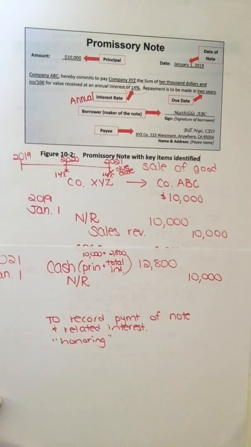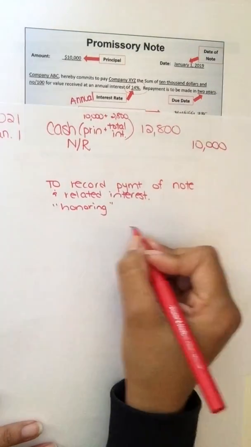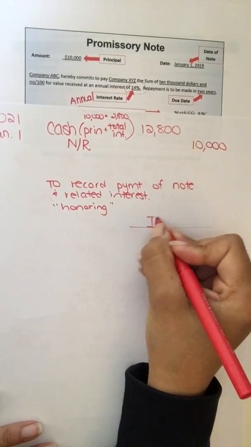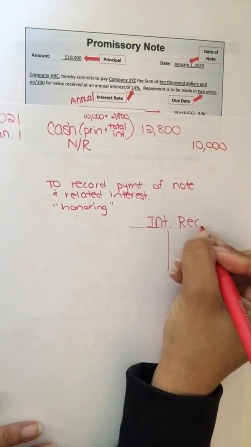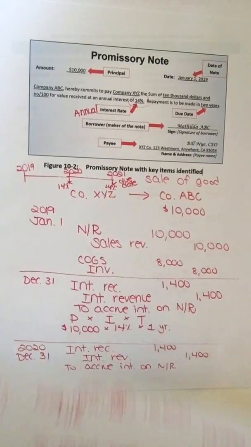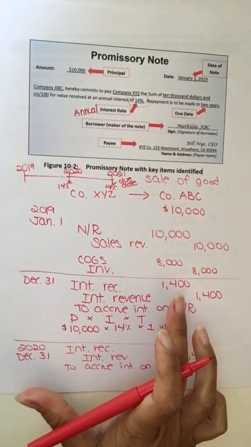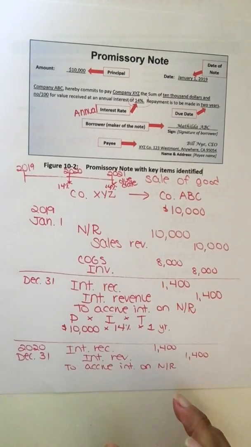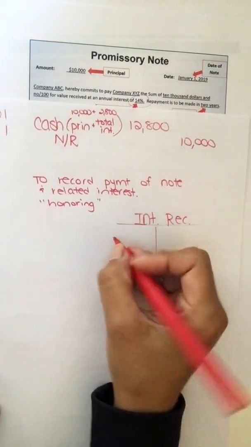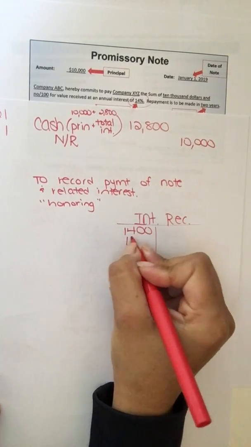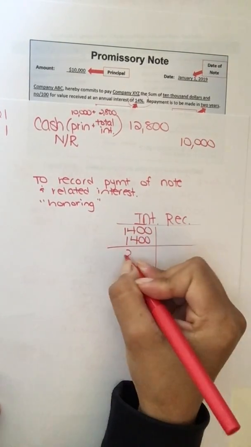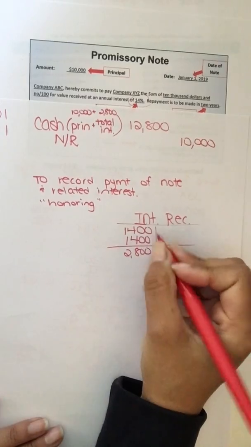Now comes the tricky part. What's the other account? In this example, let's look at your T account for interest receivable. Interest receivable in 2019, $1,400. Interest receivable 2020, $1,400. So it's a total of the $2,800 of what they owe.